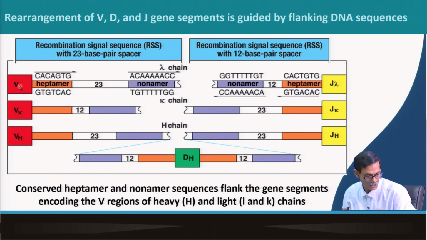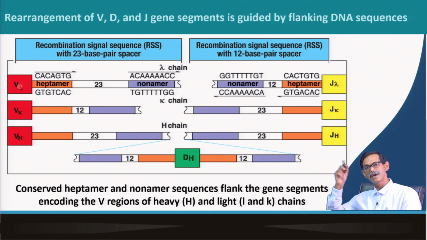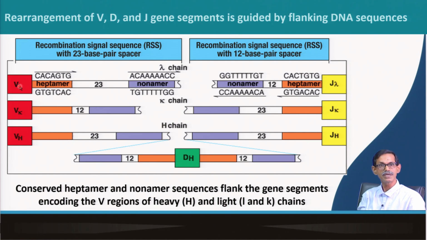Okay. So, this 12-23 rule is actually happening, and that is why the rule was made. So, no 12 will recombine with 12, no 23 will recombine with 23. I am repeating it several ways so that you will remember that.